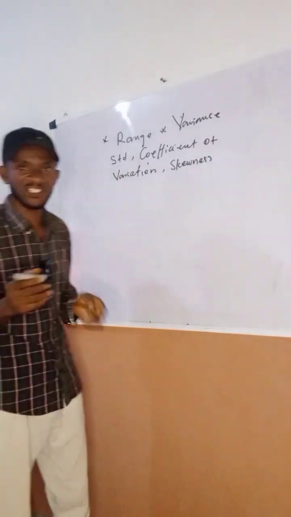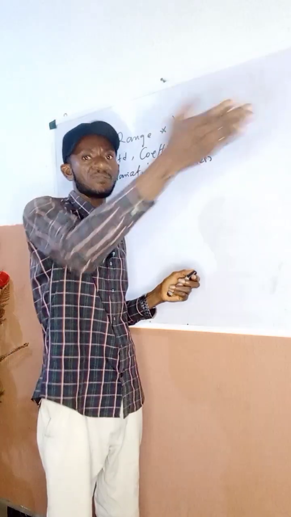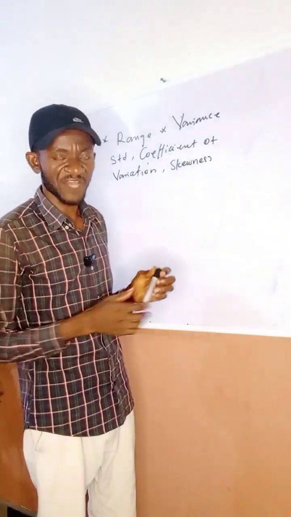First of all, we begin from range. Range is defined as the maximum observation minus the minimum observation.